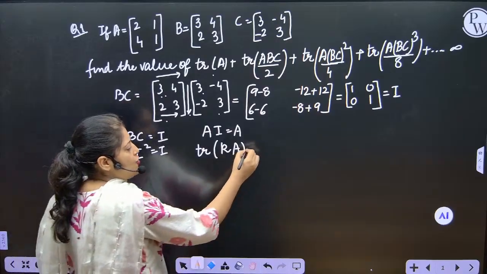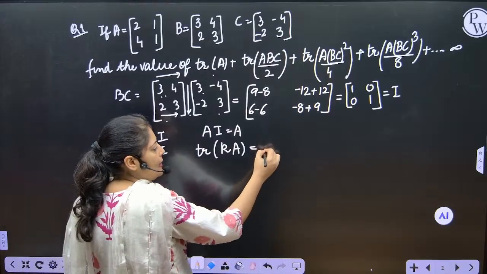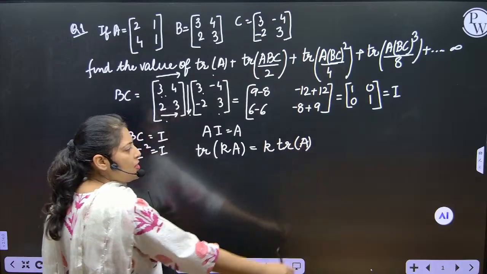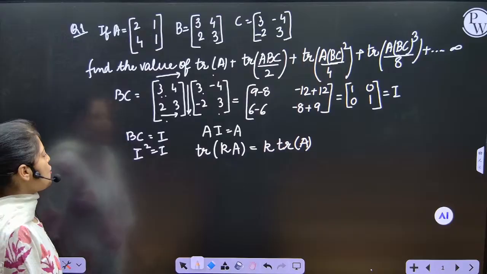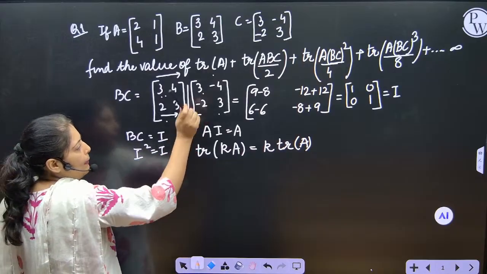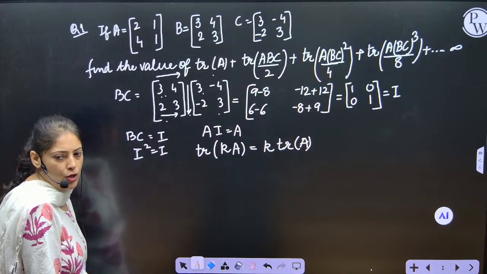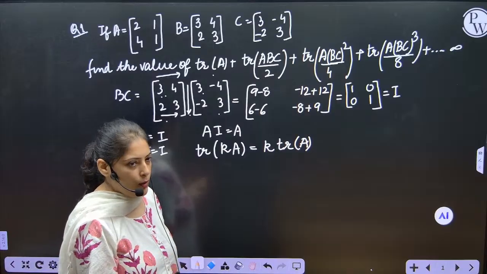Alright. So trace of kA, where k is any scalar, k will come out. This is the property of the trace of any matrix. So I'll apply these formulas or properties which we are already knowing.